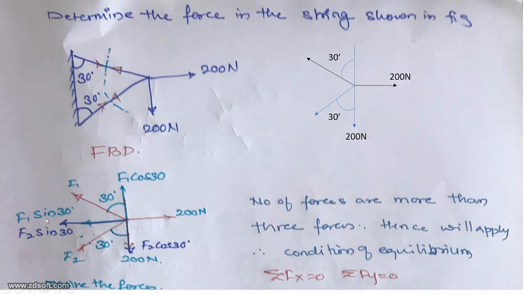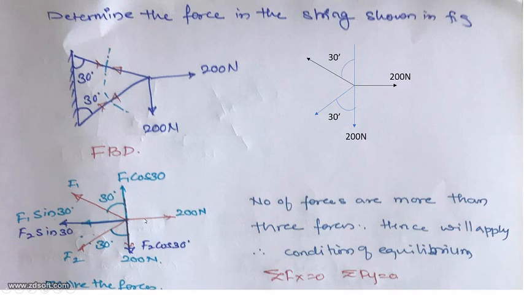Similarly, if I resolve on the vertical component, it will become F1 cos 30, because we are moving the force towards the angle. Similarly, for this force, the x component will be sine and the y component will be cos. So I'll get F2 sine 30 and F2 cos 30. So these are the resolved components of the forces.